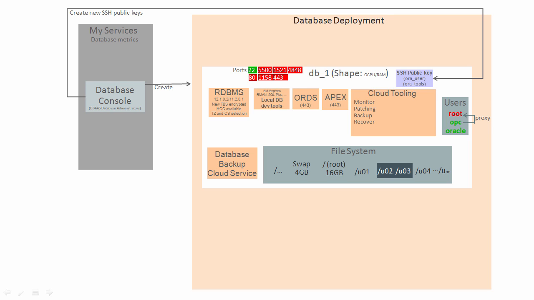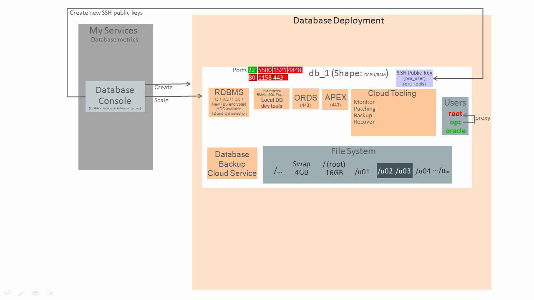Another one, aura_tools, is also created to allow your My Services console to securely communicate with your VM to gather various utilization statistics and metrics for your database and compute resources. If there is a need, you can add new public keys for OPC and Oracle users to access your VM. This can be done directly from the database console.